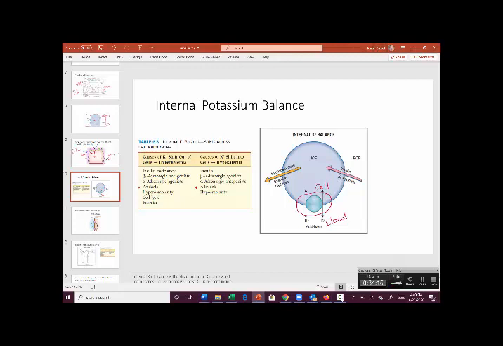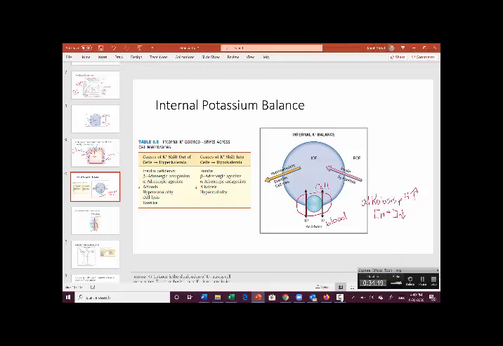In alkalosis, the hydrogen concentration in blood is decreased. So if we have alkalosis in the blood, pH is high, it means our hydrogen ion concentration is low. And that means we're going to see hydrogen shift out.